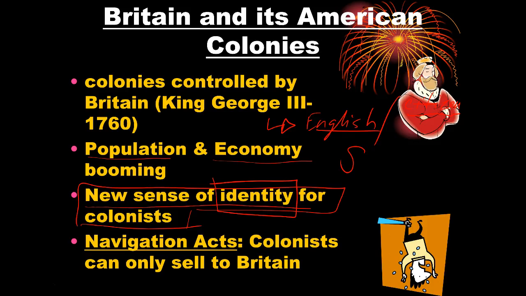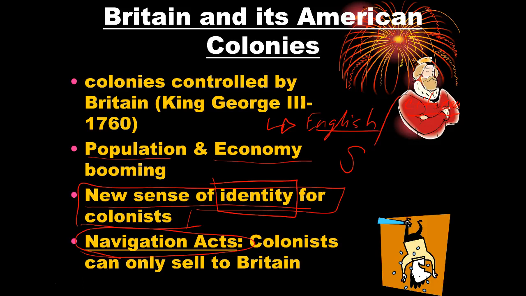So all of those English citizens were citizens of England and had those rights. Yeah? But even though they had these rights that all English citizens were supposed to have, they were oftentimes treated differently. The Navigation Acts is the first really sort of good example that describes how people living in the American colonies were ultimately treated differently than people living in England itself.